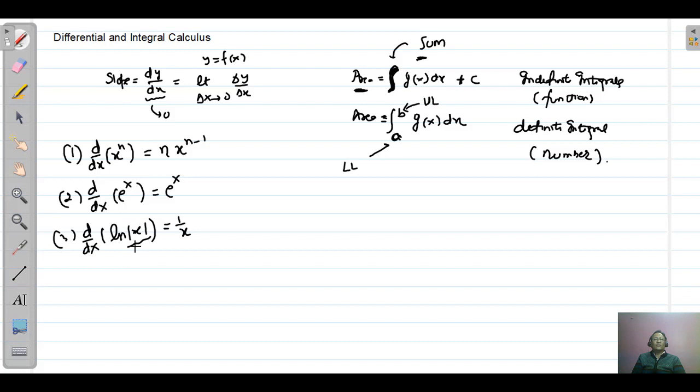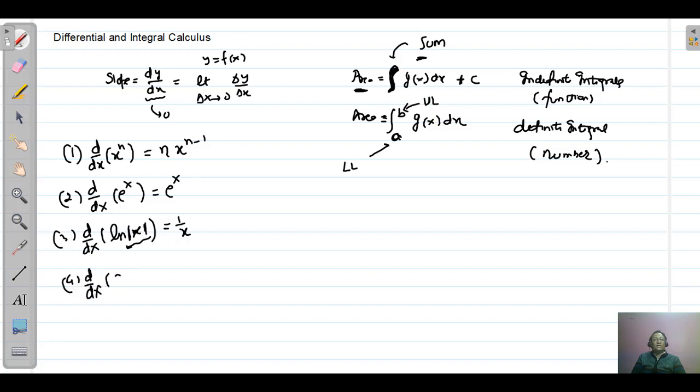Actually, this is mod x. In many places we will find it is only x. Putting the mod means that log is always of a positive number. We can't take the log of a negative number. So we have specifically mentioned it here, but if it is not mentioned, then we should treat it as positive.